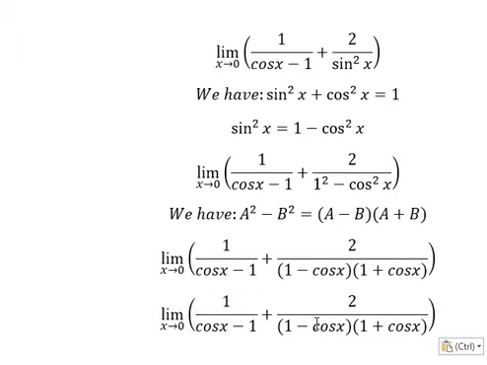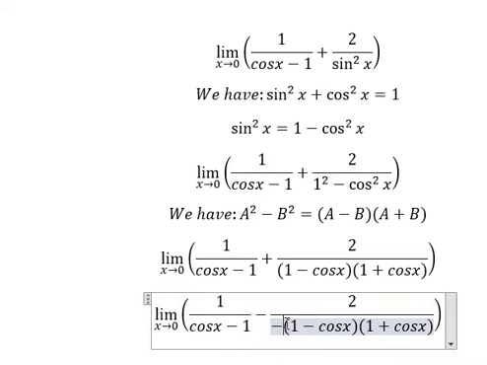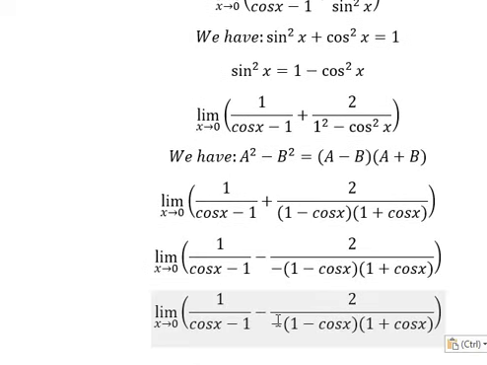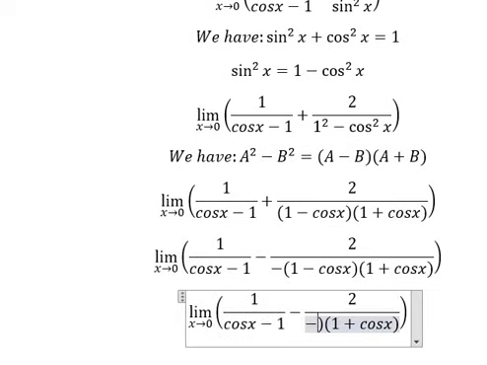Next, we put the negative sign on numerator and denominator. So this one, we change the sign of 1 minus cosine x.